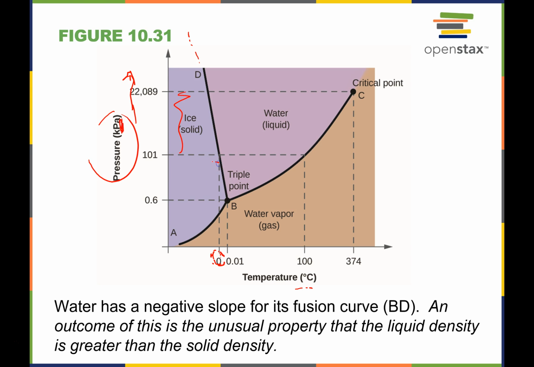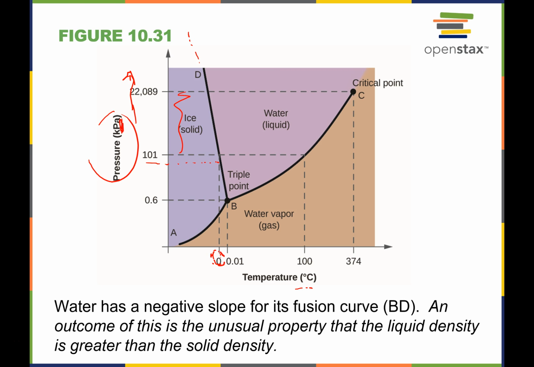So this must be atmospheric pressures. That makes sense. We know water freezes at 0. So right here, where it intersects this line, that is normal atmospheric pressure.